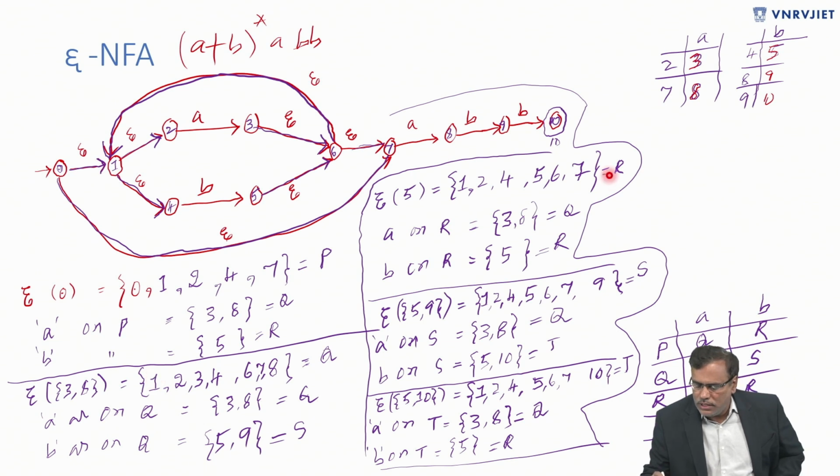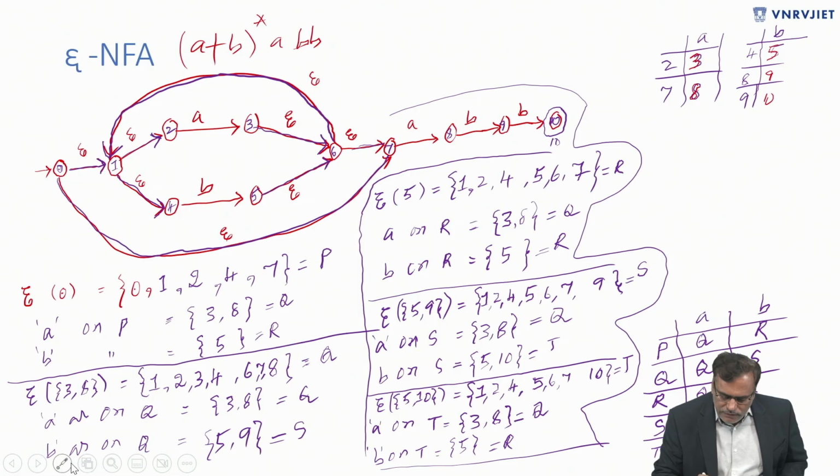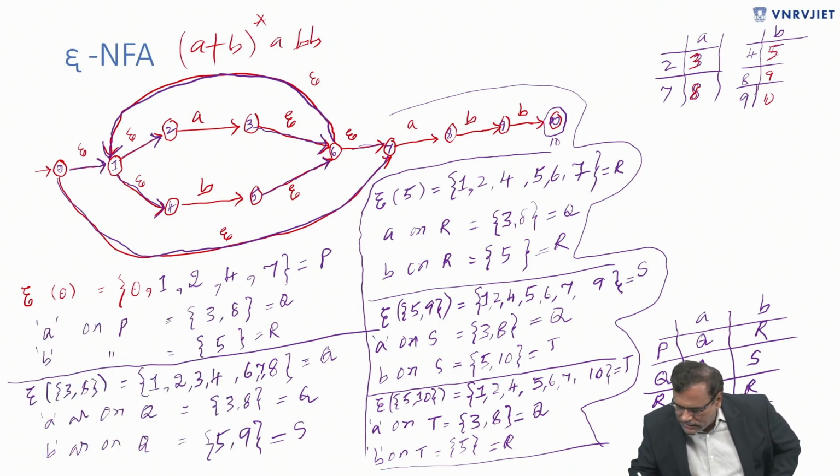No. Look for that 10 in R. It is not there. In S, is it there? No. In T, is it there? Yes. Here you can find that 10. Therefore, you have to treat T as a final state.